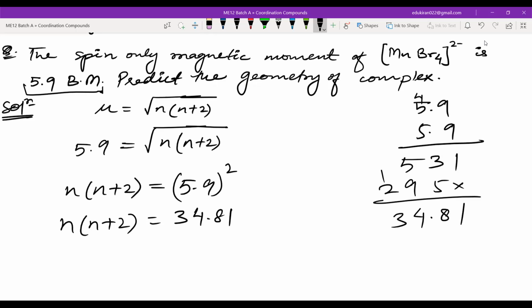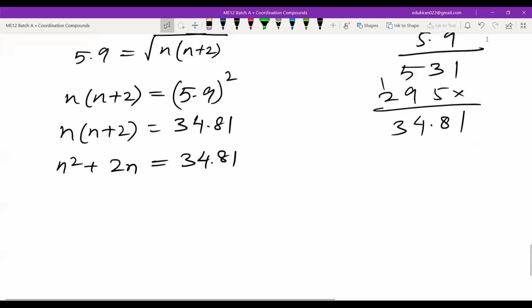Correct? Yes, sir. Now n square plus 2n is equal to 34.81. Correct? Yes, sir. Now you tell me what will be n. So we'll use the quadratic formula.